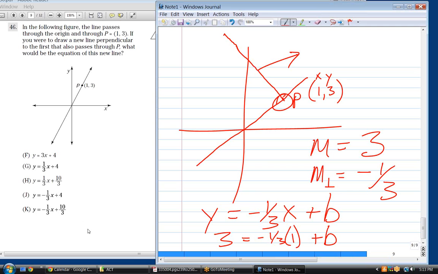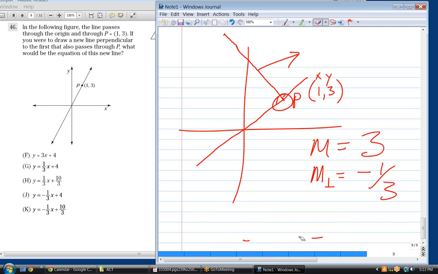Yeah, and that's probably the easiest way to do the problem. The other way is if you remembered point slope format. That's exactly what we have here. We have a slope and we have a point. So it would be y minus 3 equals the slope times x minus 1.